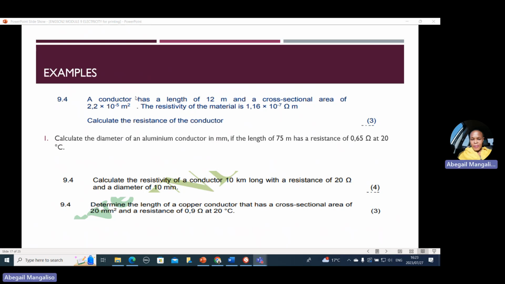The resistivity of the material is 1.16 times 10 to the power negative 7 ohm meter. It says calculate the resistance of the conductor. Resistivity is ρ, and the unknown is R.